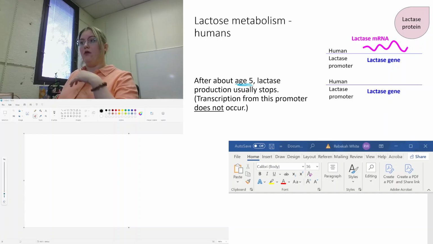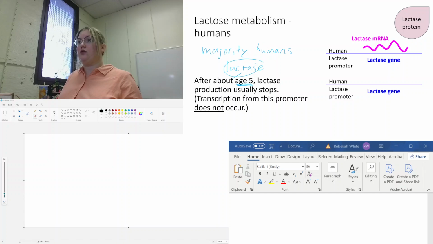At about age 5, lactase typically is no longer produced in humans because humans would probably not need to digest milk after infancy, right? So in the majority of humans, we do not see lactase as an adult.